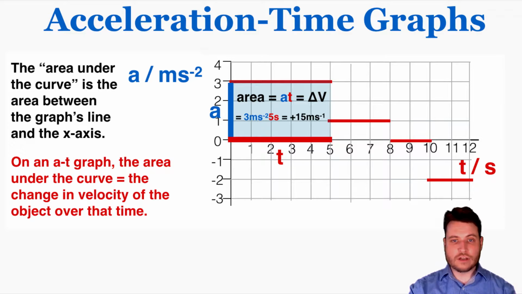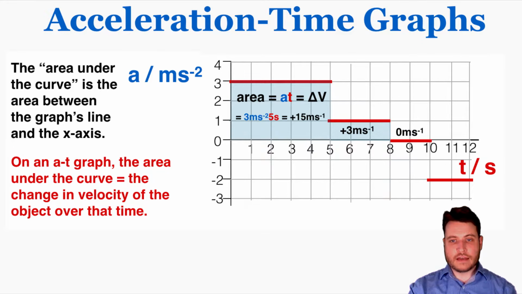Plugging this in, here that change in velocity is positive 15 meters per second. Plugging this in over here, I can see that this next area has a height of 1 and a base of 3, so that's going to be positive 3 meters per second. That next acceleration is just on the x-axis, so it doesn't have any change in velocity. And that makes sense because if the acceleration is staying at 0 and acceleration is a change in velocity over time, that means that there's no change in velocity over time.